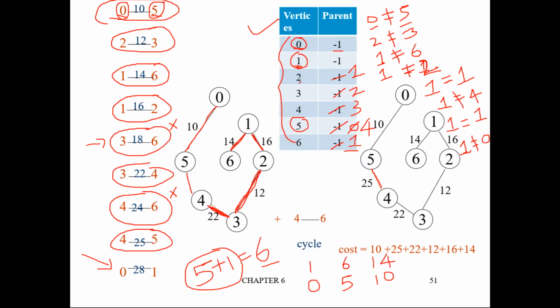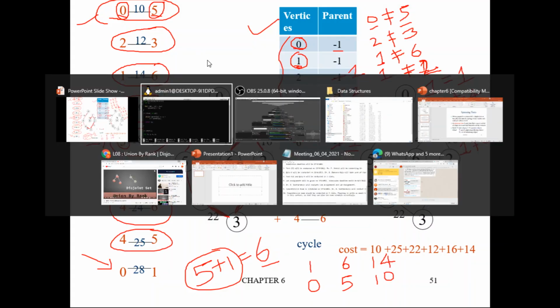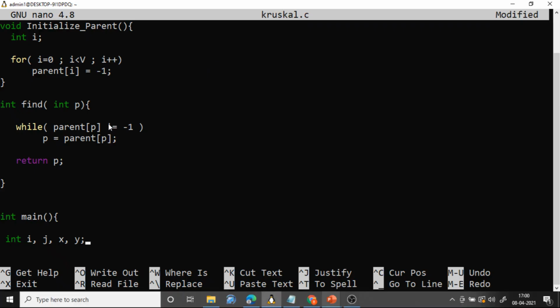Then parent of 2 is 1, and parent of 1 is -1, so it will return 1. That is, when you pass 3 to find, it will return 1. So that is what that function does. I hope you are understanding.